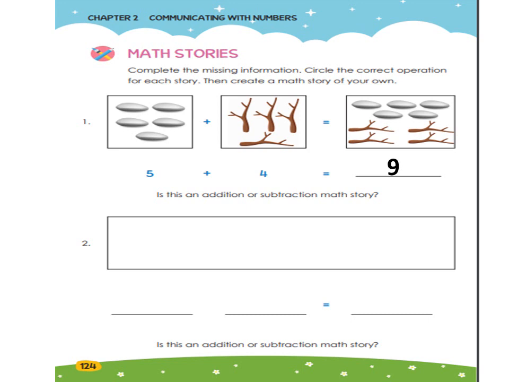The second story, my friend liked to collect objects too. She collected 8 pebbles. She collected how many? 8 pebbles. So we will draw 8 pebbles. 1, 2, 3, 4, 5, 6, 7, 8.